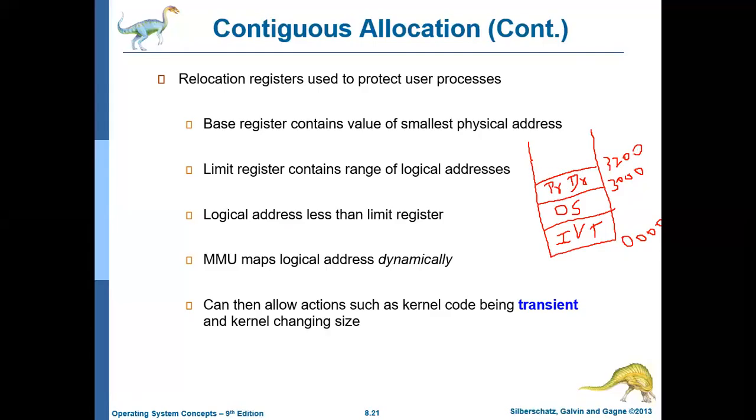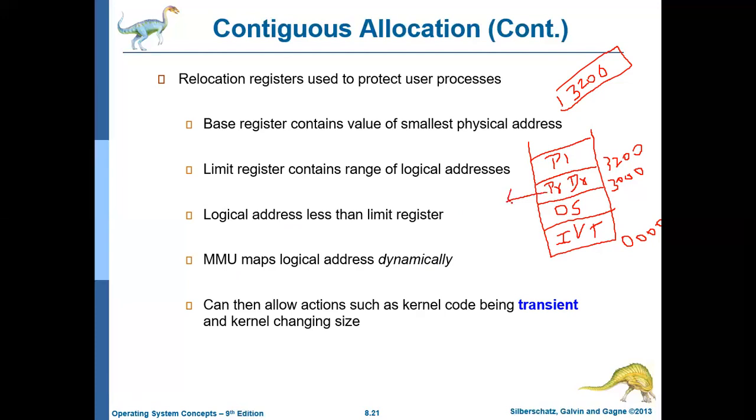Now if a user process P1 comes, its base register will have the value 3200. Are you getting it? But assume that this driver is not there.